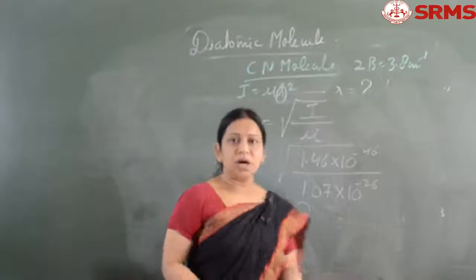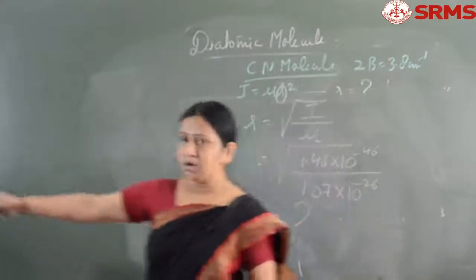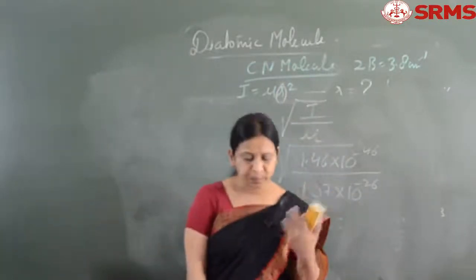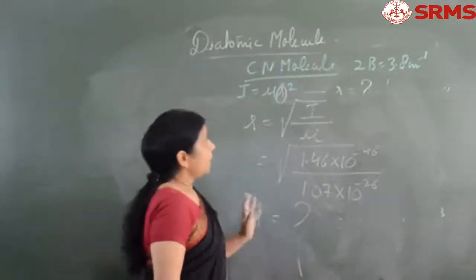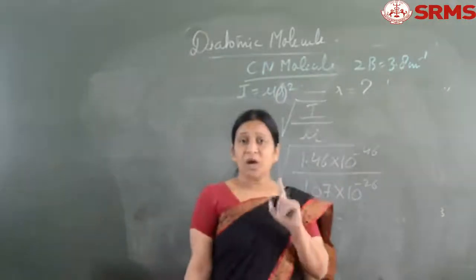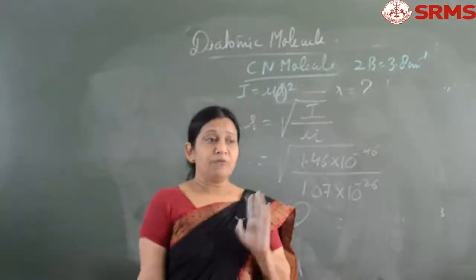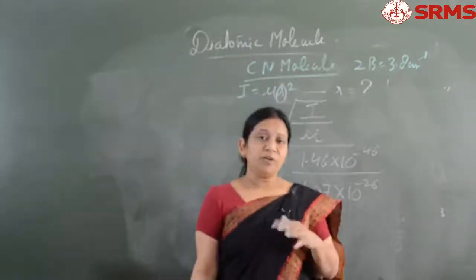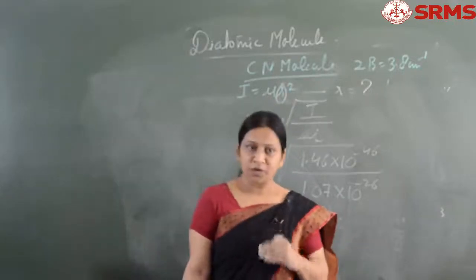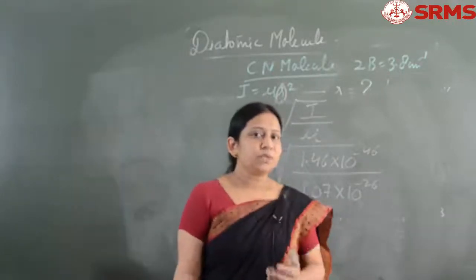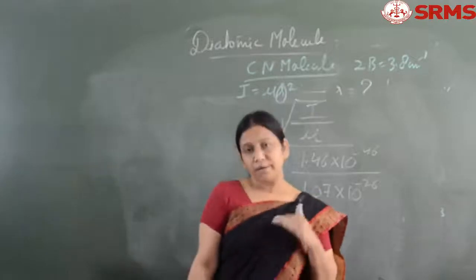So this is how the numericals will be done on the basis of the derivation which we already did. The only thing which we have to remember here is when we are calculating mu, if the mass is given in amu, then we have to divide the denominator by Avogadro's number, and if the value is given in kgs, then it is not required.